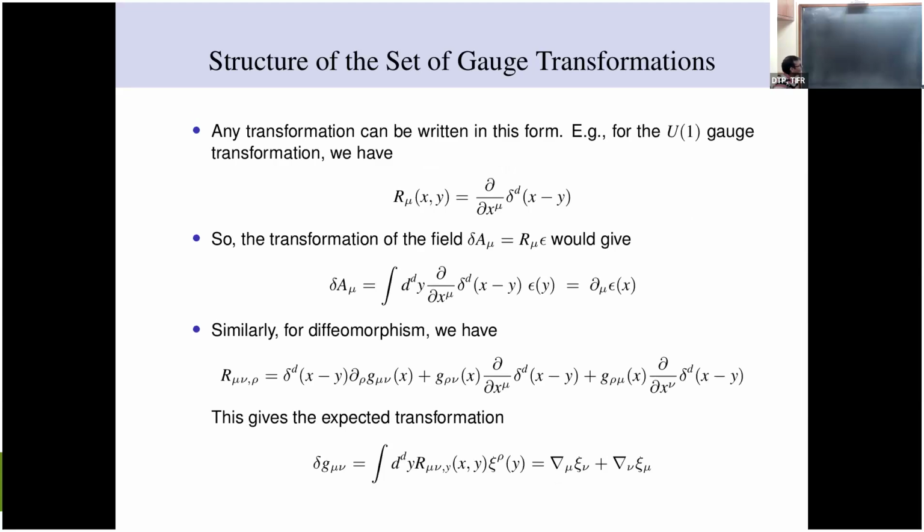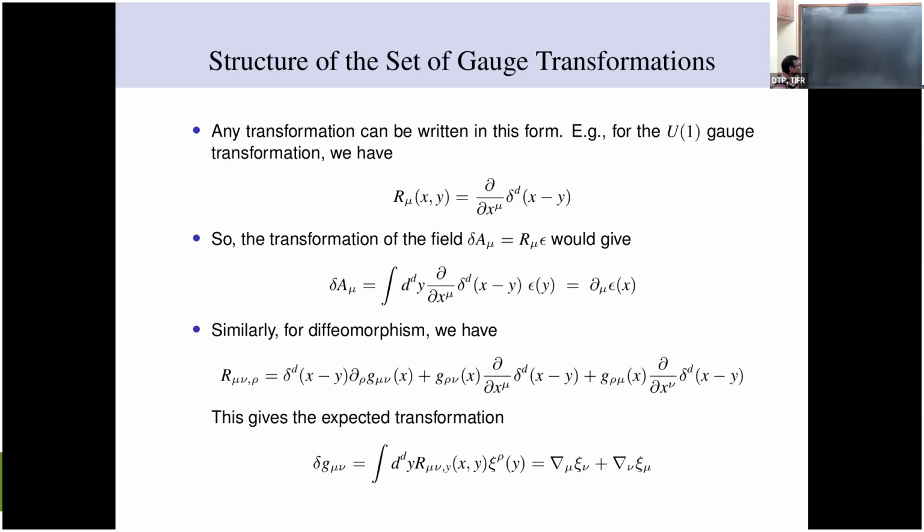Just to see, we can represent, for example, our familiar U(1) or the diffeomorphism in this way. If you have a U(1) gauge transformation and you choose R mu of this form, del over del x mu delta of x minus y, then the gauge transformation written in this notation would be just R mu times epsilon.